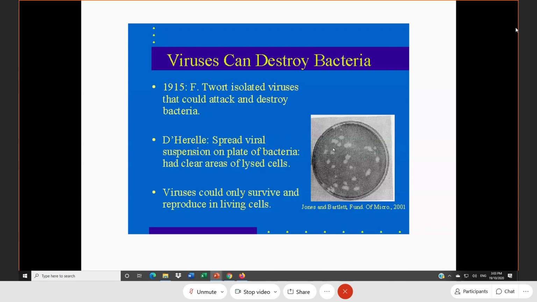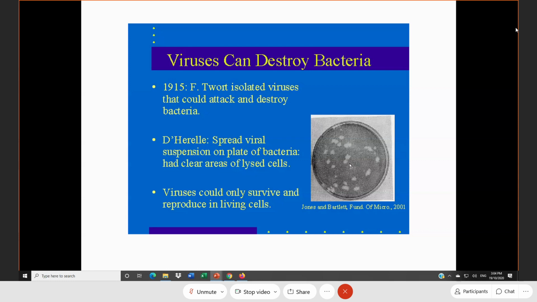So this kind of thing has its own terminology, and you're going to see it later. Plaques, P-L-A-Q-U-E, not plague. That's a terminology you're going to see in practical class later on. This formation, the empty areas, you can count 1, 2, 3, 4, 5, 6, 7, whatever.